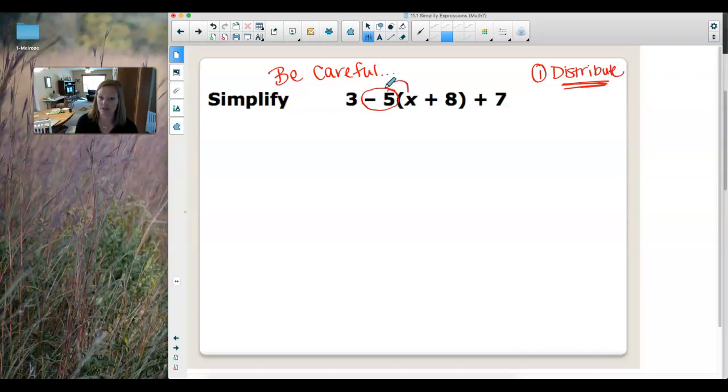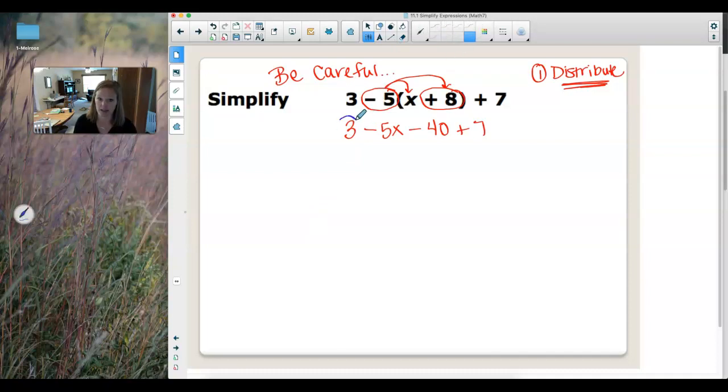So the negative 5 goes to the x. That's negative 5x. The negative 5 times a positive 8 is negative 40. I'm going to bring the 3 down, and I'm going to bring the plus 7 down. Okay, now we're going to combine like terms.